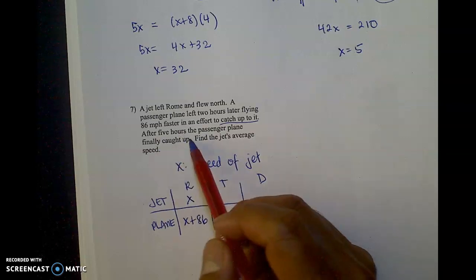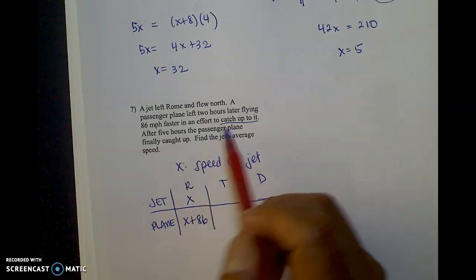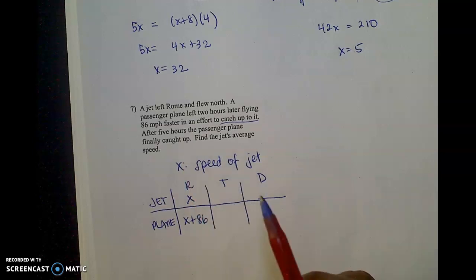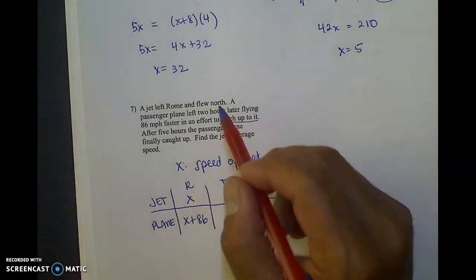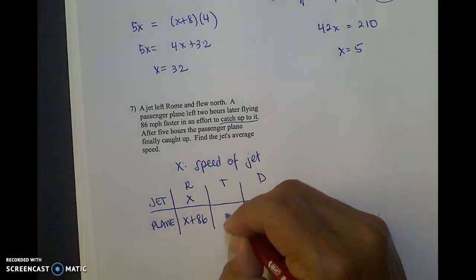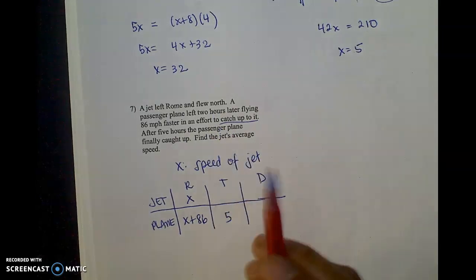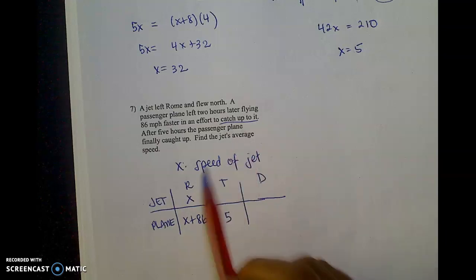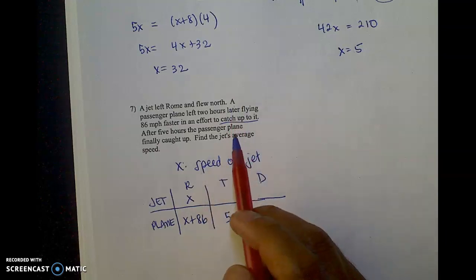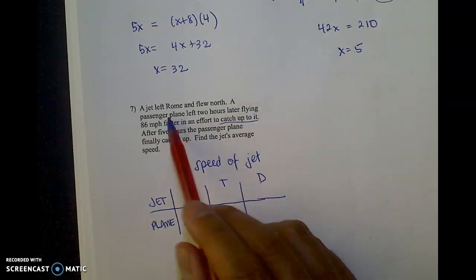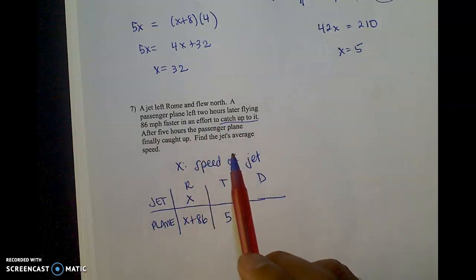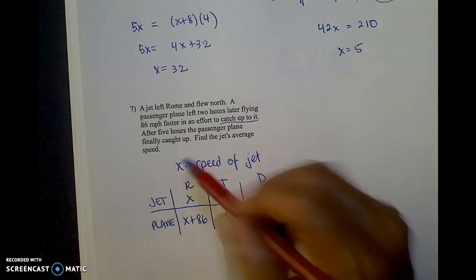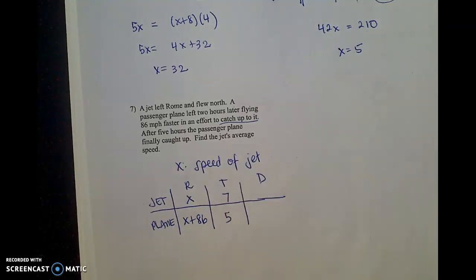After 5 hours, the passenger plane finally caught up. So the passenger plane was traveling for 5 hours. A passenger plane left 2 hours later, so that means the jet has been flying for 7.